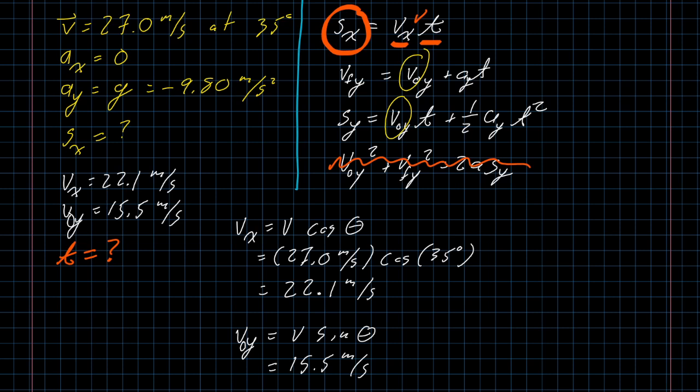We've got ay, which does show up in both cases. T shows up in both of these formulas. That's great to see. So then we're left with a question of, is the distance in the y direction or the velocity in the y direction more likely to be something we can figure out? Because we need one of them.